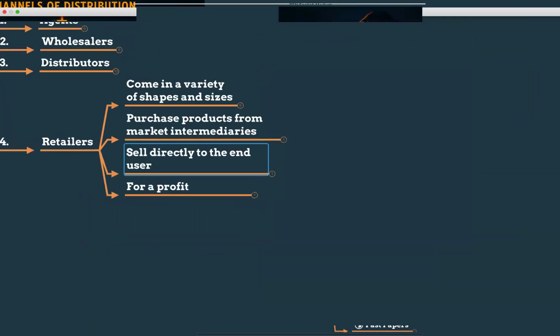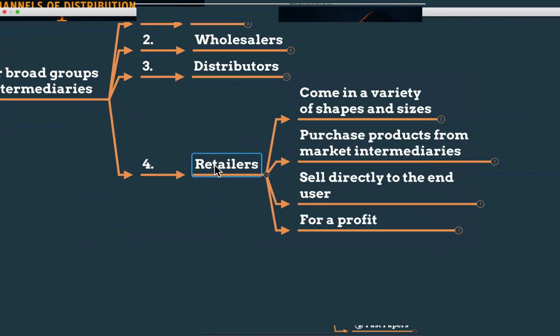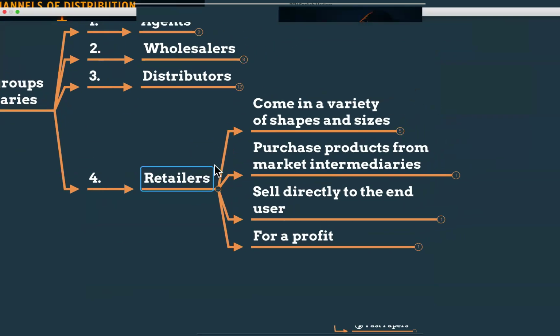So, for example, you are running a grocery shop in Maradana area in Colombo. You buy rice from wholesalers in Pettah. You buy biscuits from a distributor. You buy vegetables from farmers at the market. So you sell everything to your neighborhood families. Why are the neighborhood families buying from you? That is convenience. It is easy to come in 2 minutes.